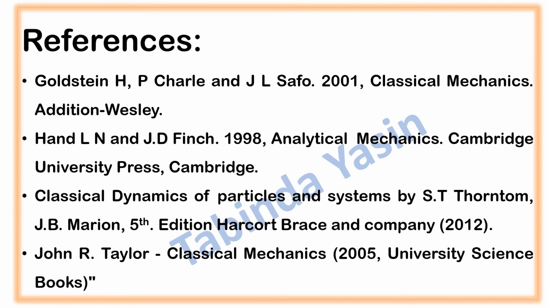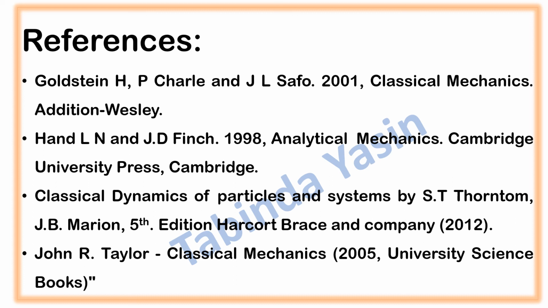References for the study of classical mechanics. The first one is Goldstein, the authors are H.P. Charlie and G.L. Sappho, Classical Mechanics, 2001 edition, Wesley. Another is Analytical Mechanics, the Cambridge edition.